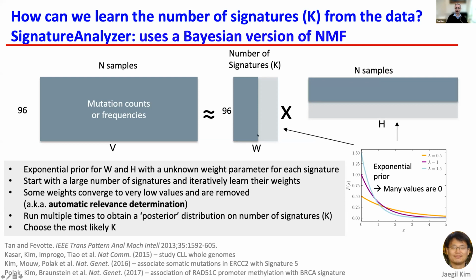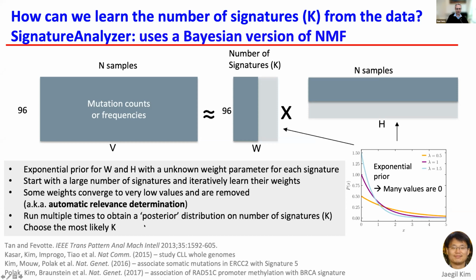So we start with a larger number of candidate signatures, started randomly, and then we converge to a smaller number of signatures given the data. So we don't need to give the number of signatures to the algorithm. It gives it back to us. But since NMF and this automatic relevance determination NMF both depend on the initial conditions, you could run them many times and get different results.